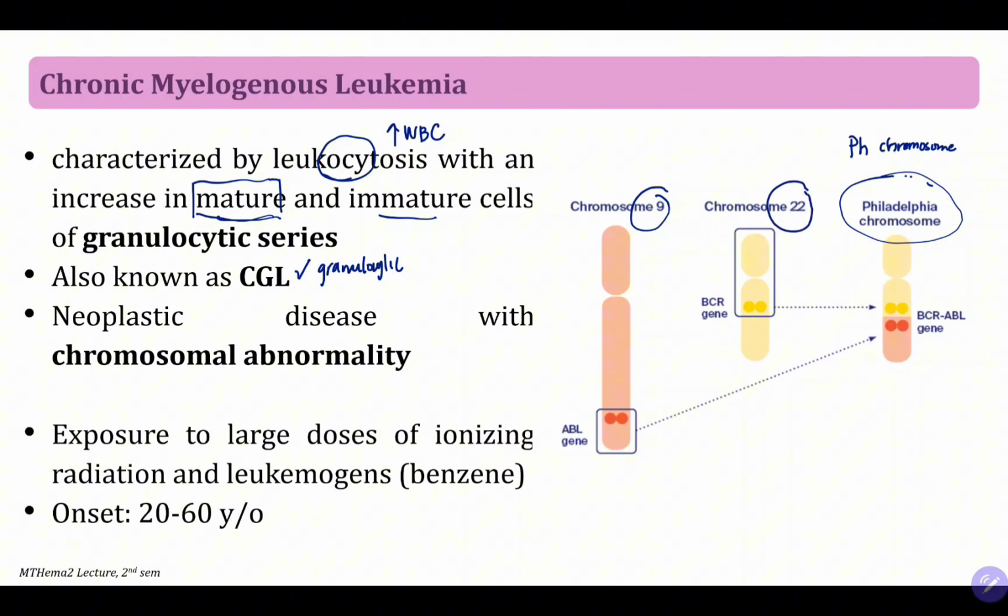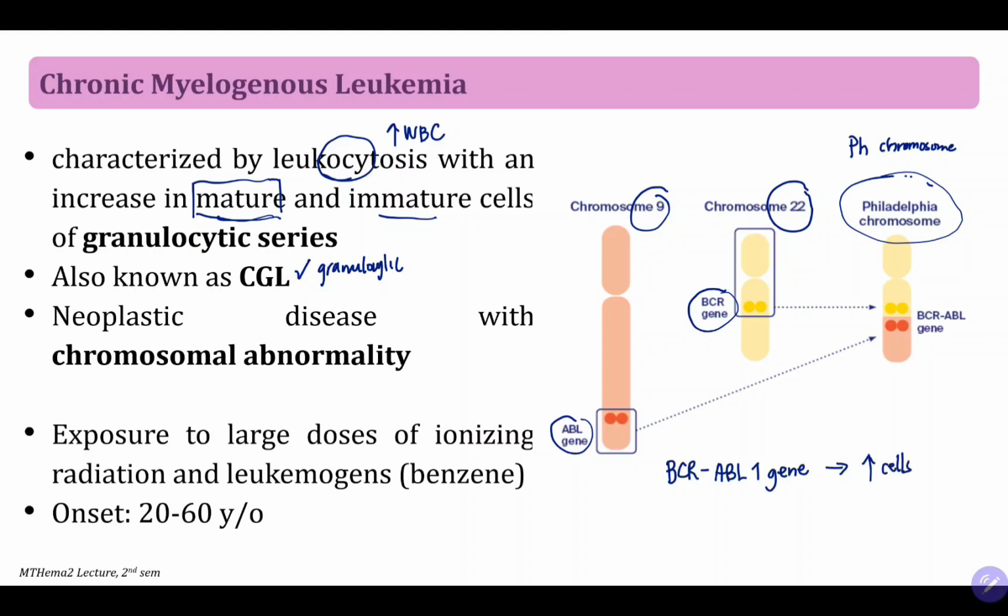Now, this chromosome forms a mutated gene known as your BCR-ABL1 gene. Kasi yun yung mga genes na nagkabaligtad. Okay? Now, this BCR-ABL1 gene stands for breakpoint cluster region protein Abelson 1 gene. Now, this gene causes the malignant proliferation of your cells.